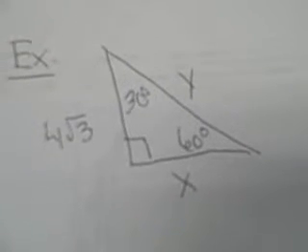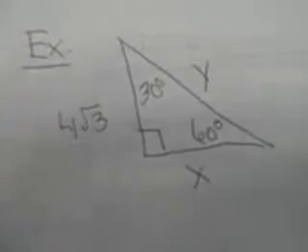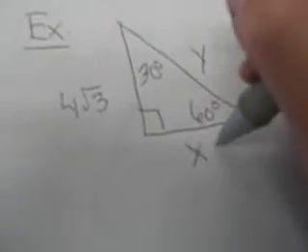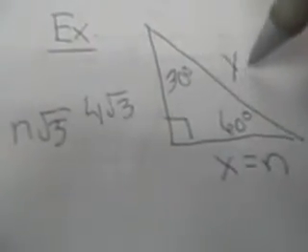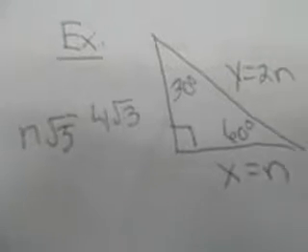We still want to start out by labeling our own triangle with the n's. So across from 30 should be n, across from 60 should be n times the square root of 3, and across from 90 is 2n.